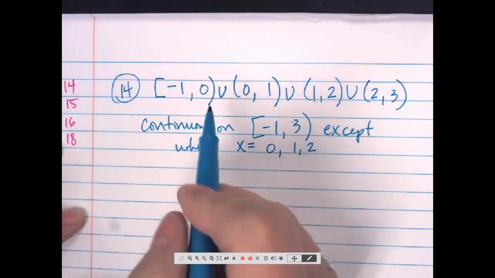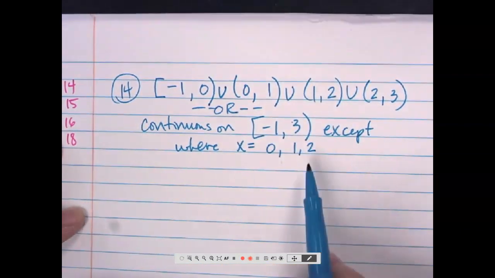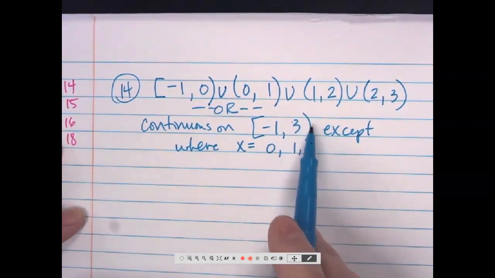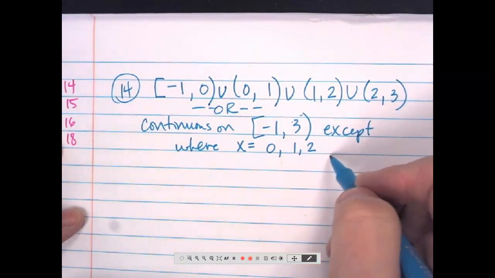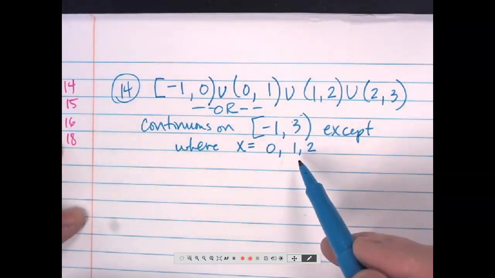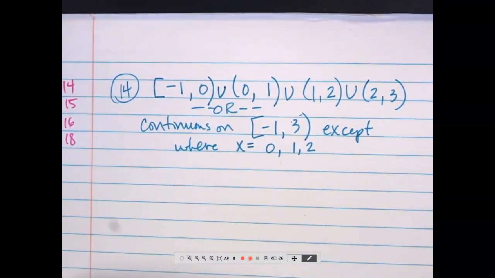So why wouldn't 3 be there as well because it's an open circle? Here, because I use parentheses here. So if I did a bracket there, then I would include 3 here. But because of the parentheses, I'm already excluding 3. Okay, so either way, pick which one makes more sense to you and just stick with that.